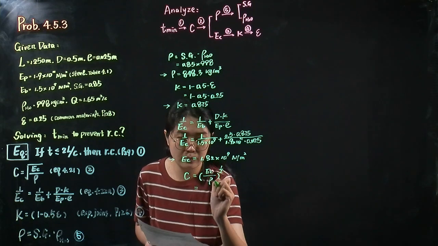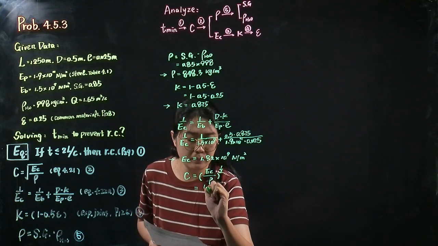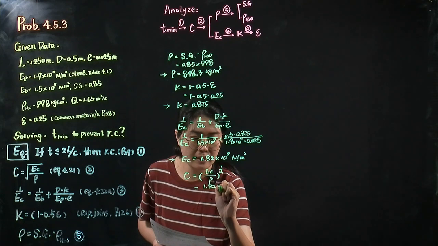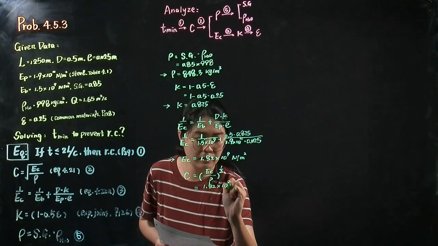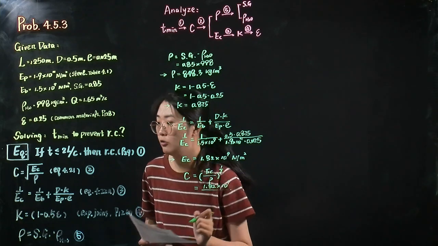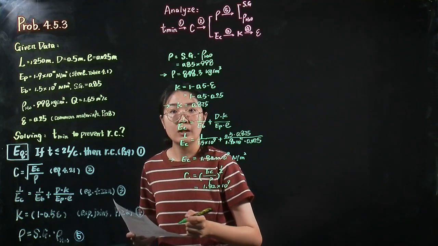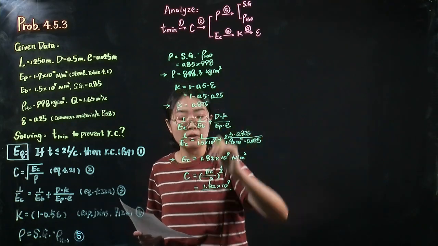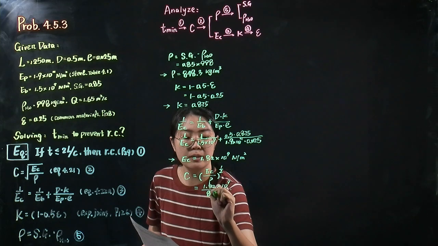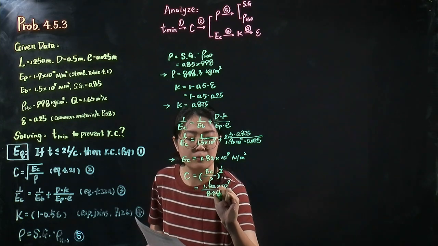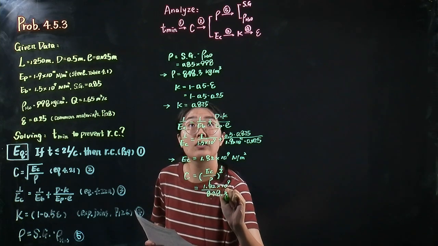It equals 1.32 times 10 to the power of 9 over the density of the oil, 848.3.